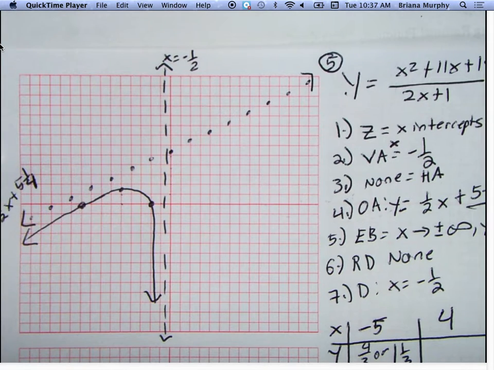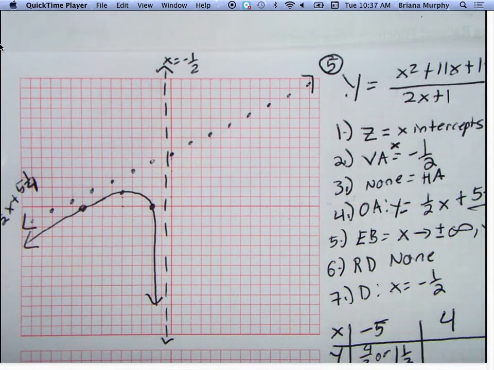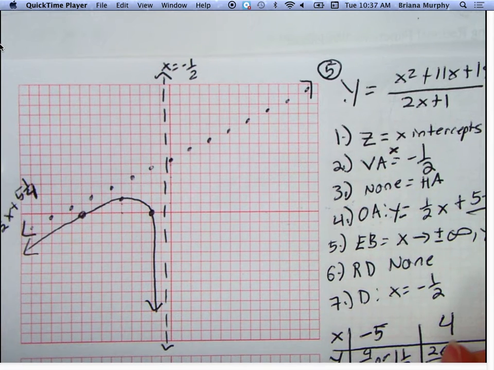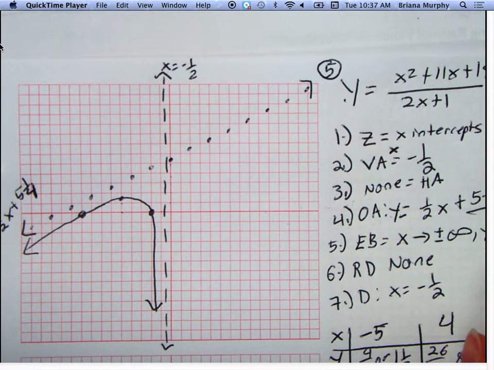So I'm going to go 4 plus 9 times 4 plus 2, and 2 times 4 plus 1. And I get 26/3 or 8 2/3, right?